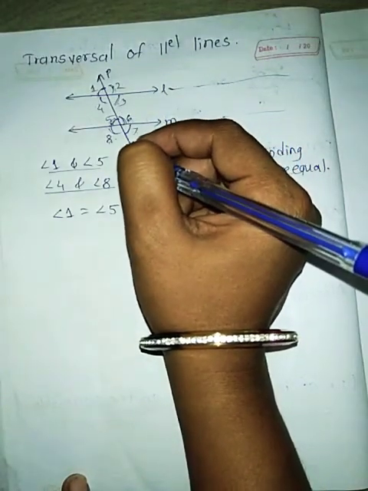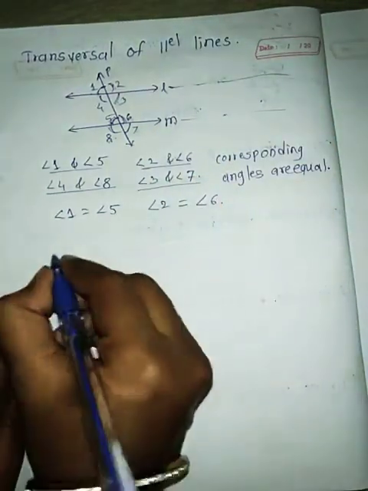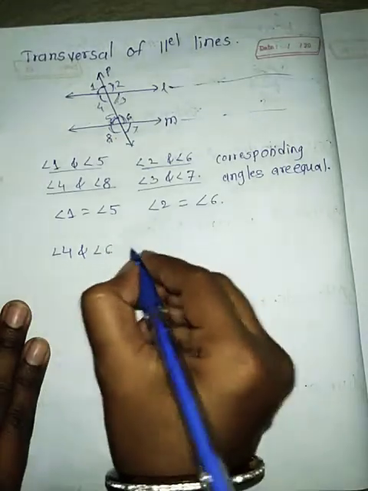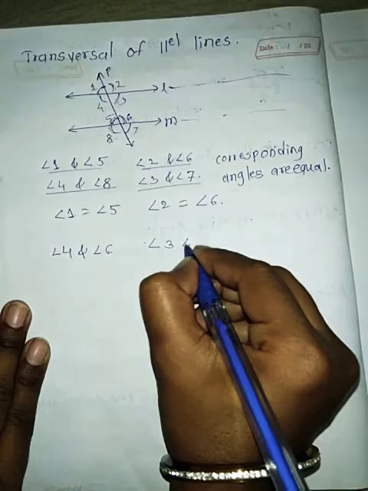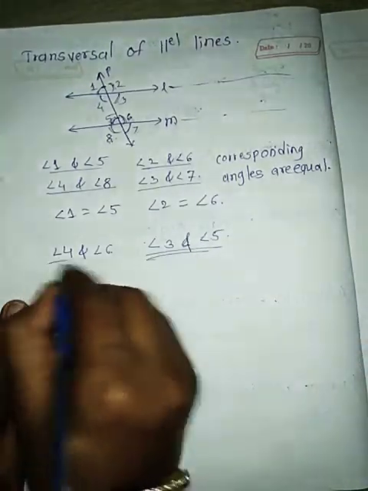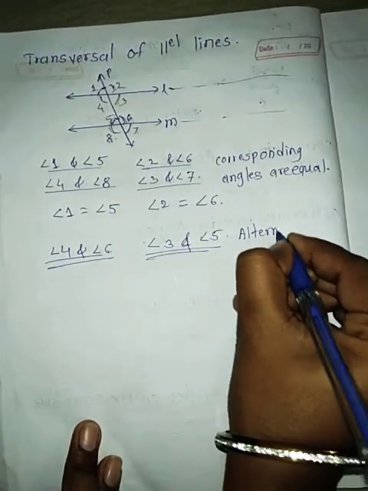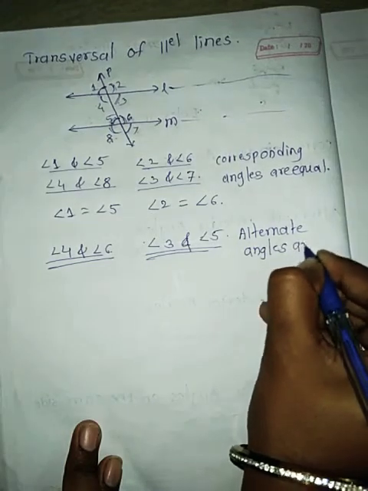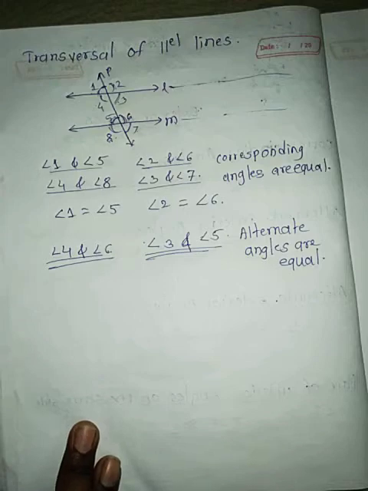These are alternate interior angles and alternate exterior angles. So angle 4 and angle 6, and angle 3 and angle 5, these alternate angles are equal.